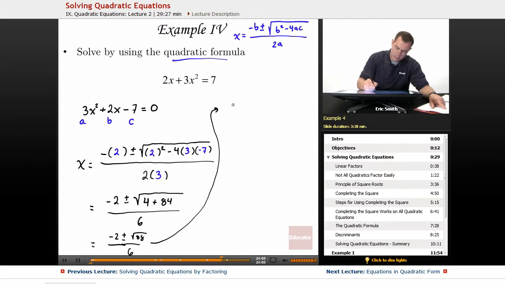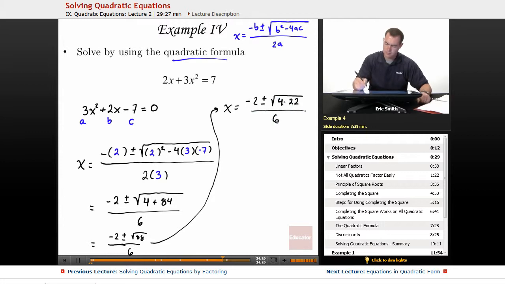Now it's really important to go ahead and try and simplify this as much as possible. So when I have the square root of 88 in there, I can look at that as 4 times 22 and be able to take care of the square root of 4 and the square root of 22 separately. So the square root of 4 would be 2, and the square root of 22 has to stay.